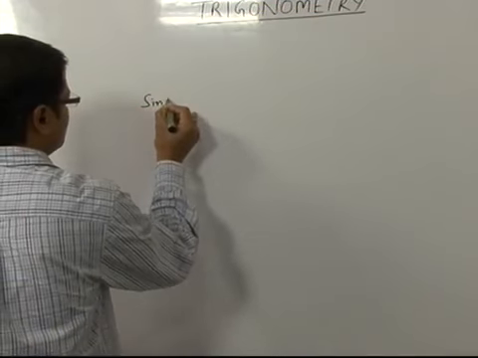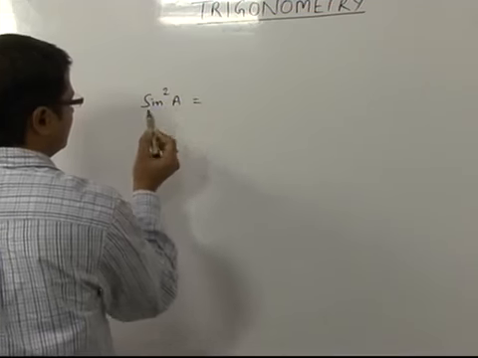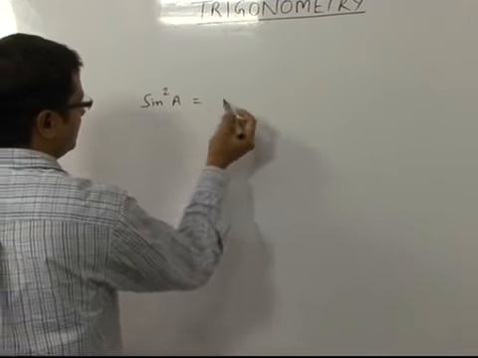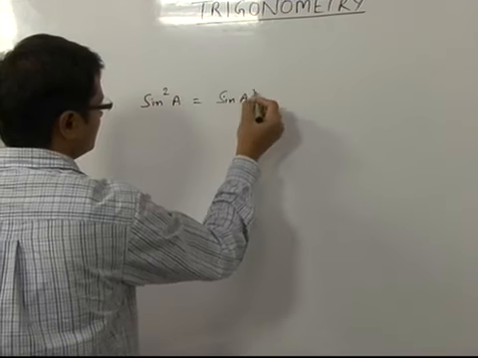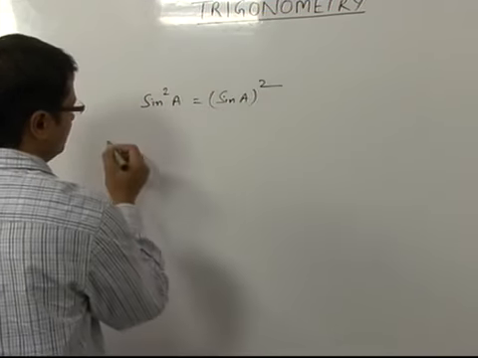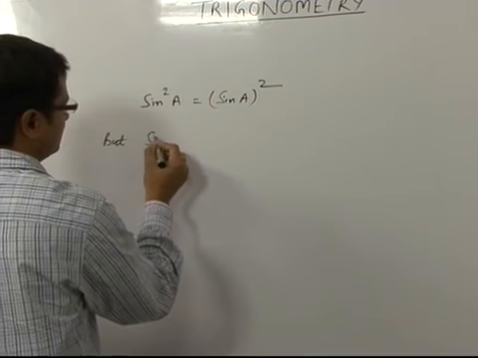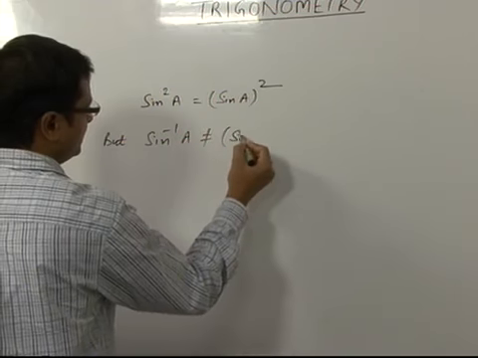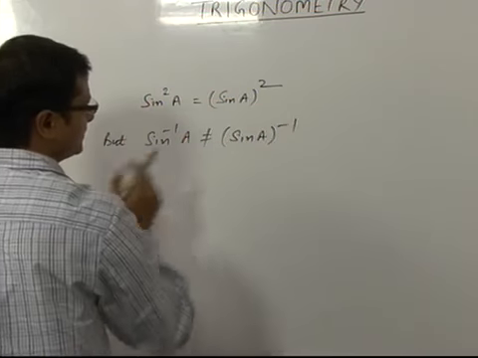If there is a positive number between the trigonometric ratio and the angle, then we can write it as a whole power. But if there is a negative number, then we can't write it as a whole power.